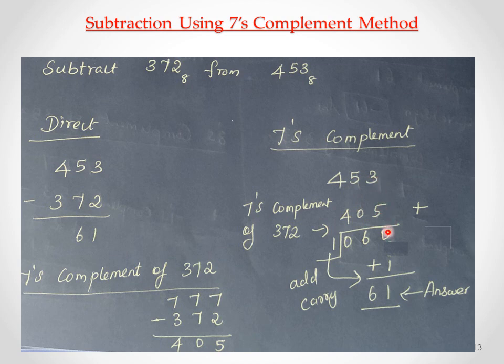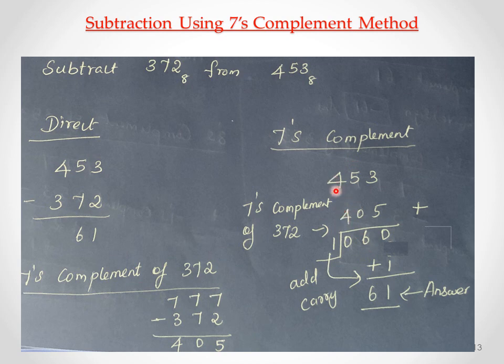So 5 plus 3, 8. 8 is equal to 10 in octal. Let's check with your octal table. So 5 plus 3 is equal to 10. So 0 is written here and 1 is added with the next higher order bit. So 5 plus 1 is equal to 6.